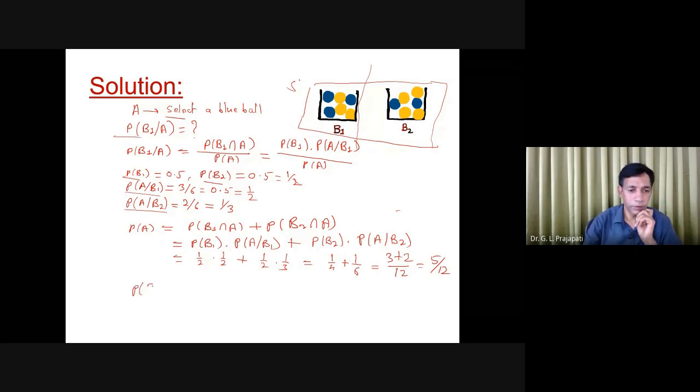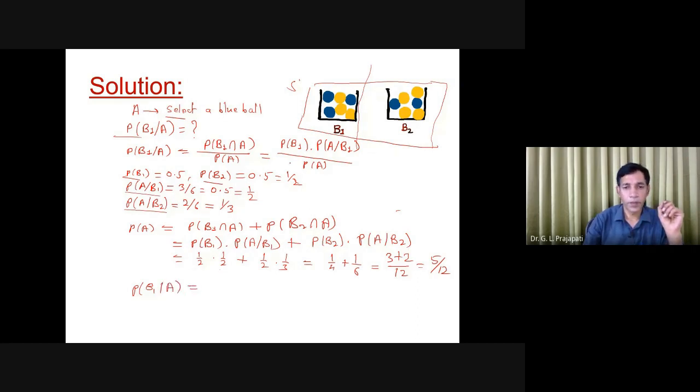Probability for B1 given A can be written as, you have, like this, probability of B1. So what is the probability of B1?